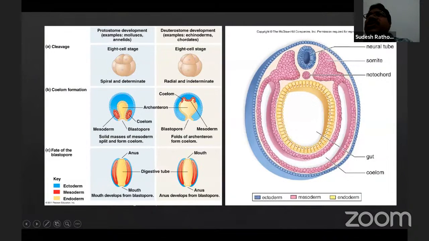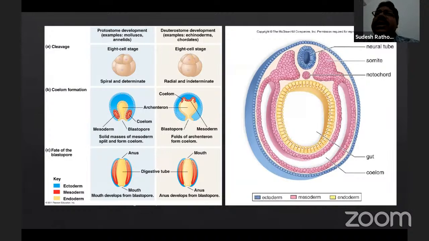When gastrulation occurs, it develops invagination, and because of invagination, it forms a blastopore. And that blastopore, if it develops into mouth of organism after development, then that organism is known as protostome. Whereas in deuterostome, blastopore develops into anus, and opposite to anus, there develops a separate opening called as mouth.